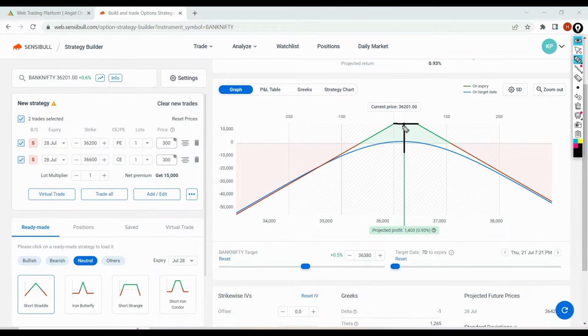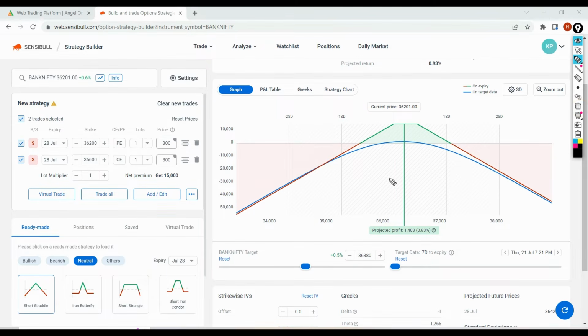Basically we are trying to manage the delta, or else we're trying to manage the premium. That's it, because it was imbalanced initially. Now we have made it balanced. Just for demonstration purposes I've taken this 300, but it would be more or less plus or minus 5 or 10%. If this is at 300, this might be at 250, or this is at 250, this might be at 300, based on the VIX and everything.